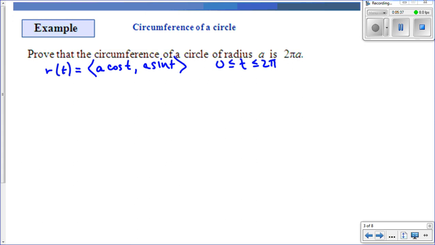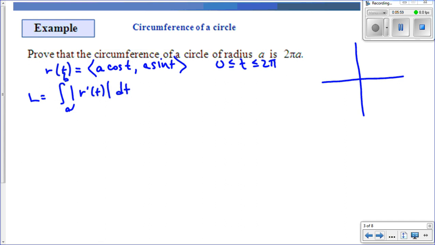So now, the arc length we know is the integral of the magnitude of r prime of t dt from a to b. Now we don't have to actually integrate the circle from 0 to 2 pi. We could just do a fourth of it, from 0 to pi over 2.